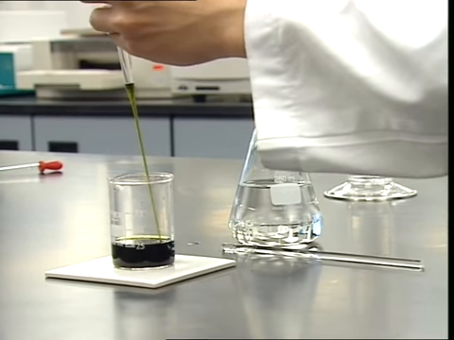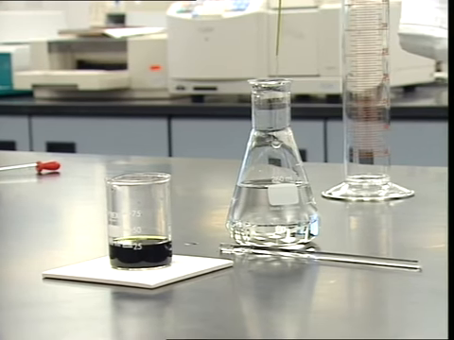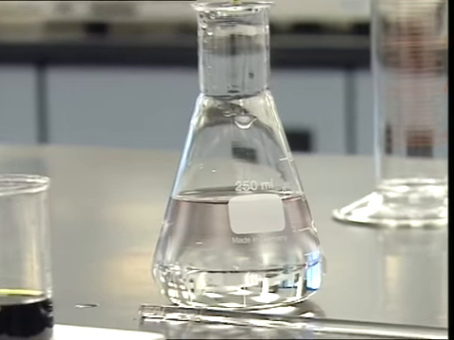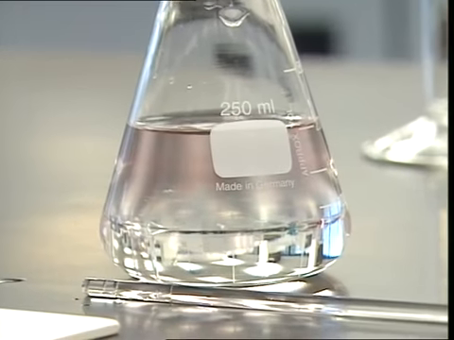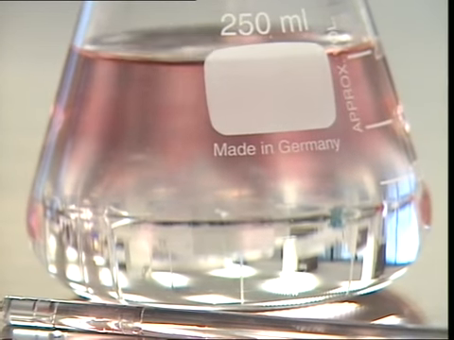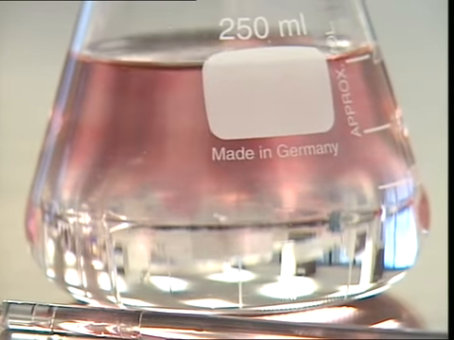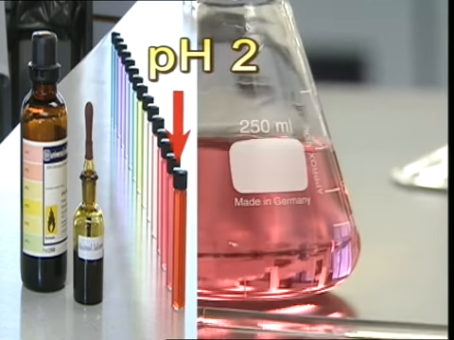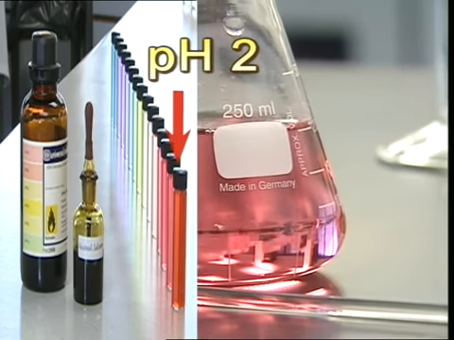Drops of universal indicator are added into each. Hydrochloric acid turns red, with a pH value of 2, showing it is acidic.